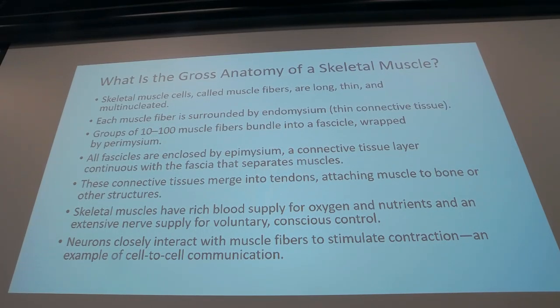Now, depending on the muscle, how many fascicles it will have, but several fascicles will form a complete muscle. And this complete muscle is surrounded by connective tissue, a membrane that we call epimysium. Epi means above the muscle. So that's the structural organization of muscles.